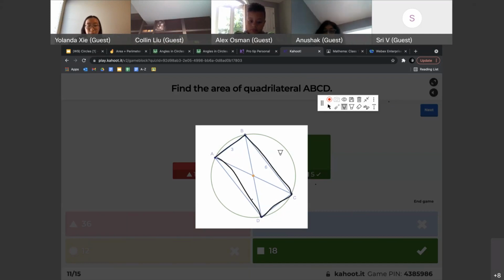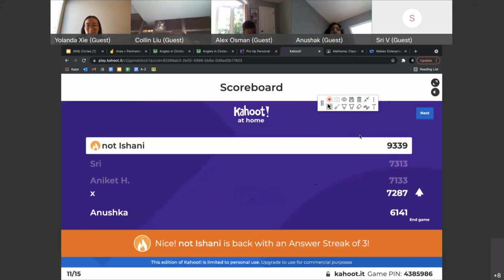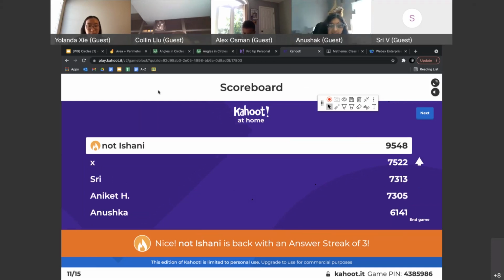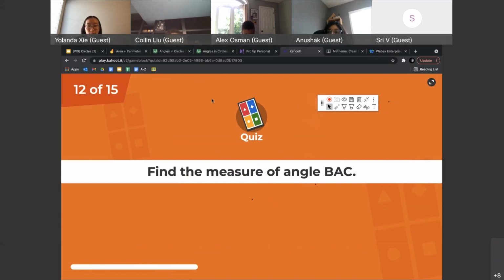And why does it say time's up, answer streak lost? Okay, so yeah, area of this would have gotten it. It just says time's up. Yeah, because it's a rectangle. I can't read that. It's so small, and I already have bad eyesight, and I'm not doing this on a big screen. How am I in 6th place? You're asking me. I'm chasing you, Anushka. I'm behind you by like 200 or so points.